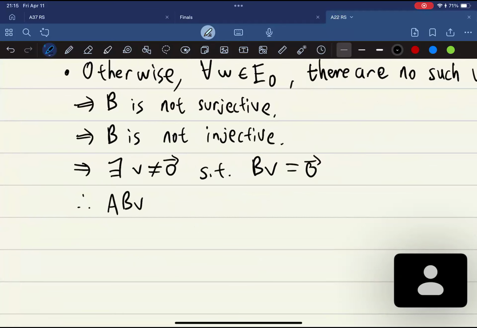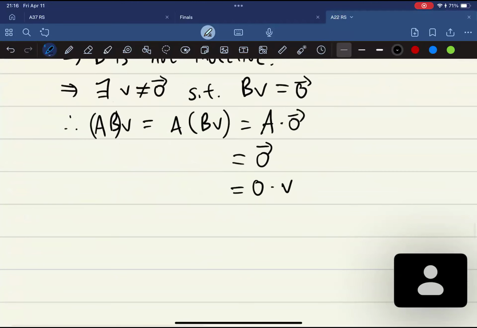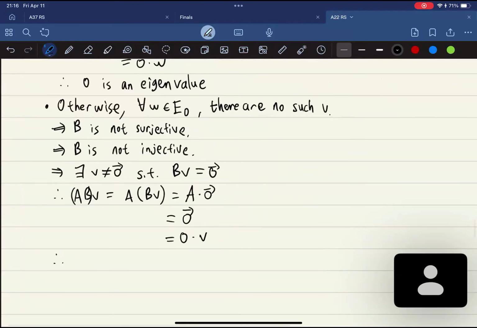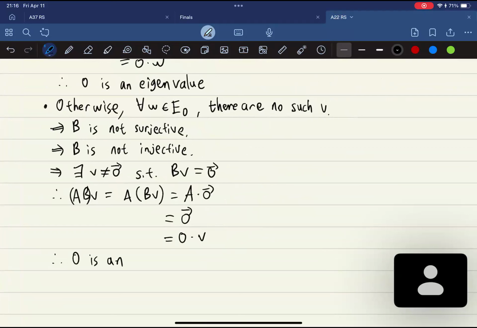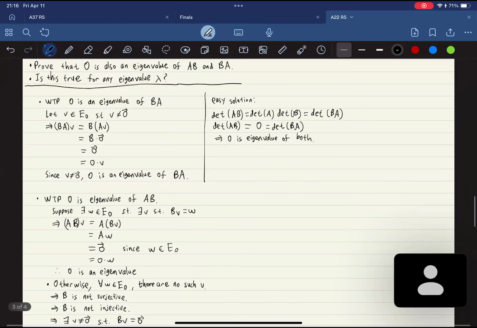Then AB of C is equal to A of B of C, which is equal to 0 times C. So in this case, we also get that 0 is an eigenvalue. Right. Yeah, so we have covered all cases and we're done. Any questions for this part?